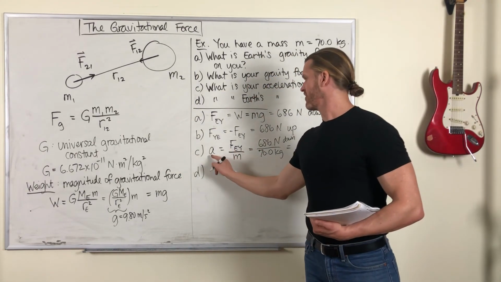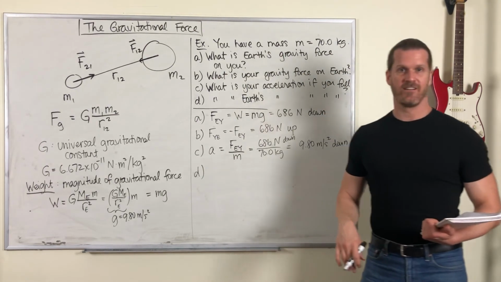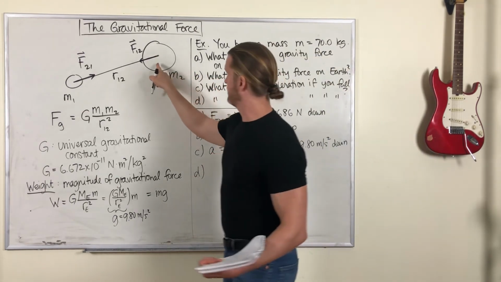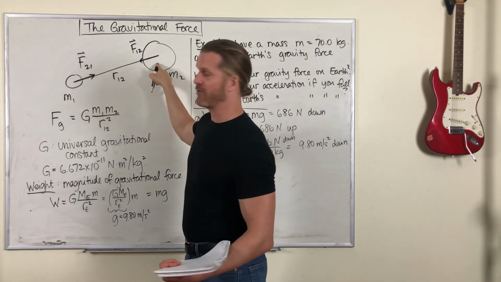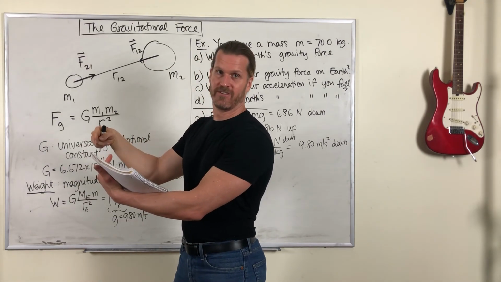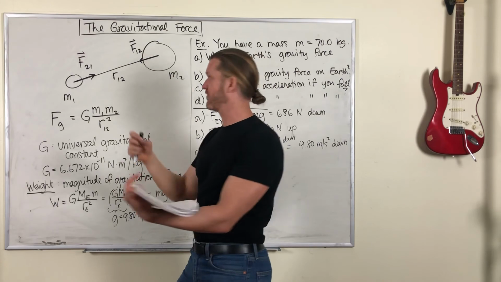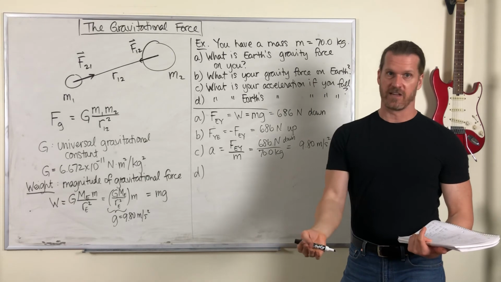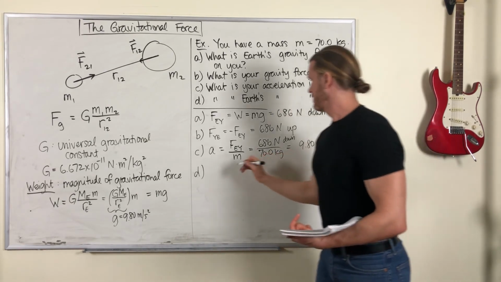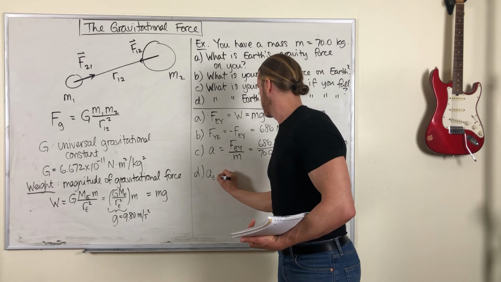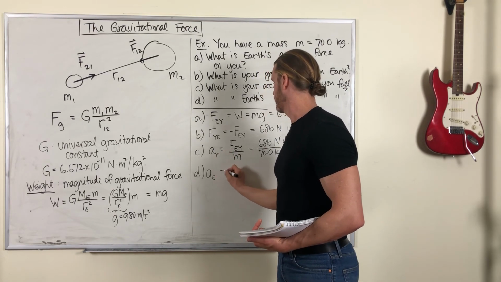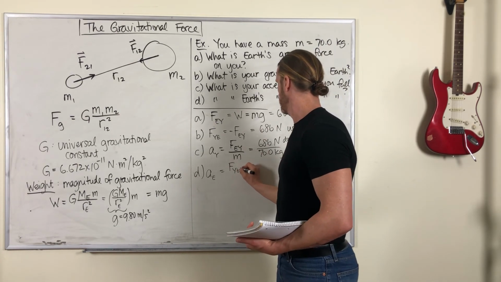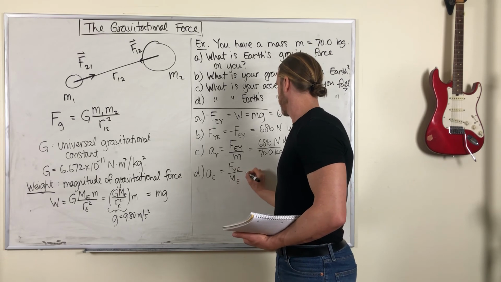So this is your acceleration. But we can do the same thing for the Earth. Because if you think of this being you and that being the Earth, you're both getting pulled toward one another when you fall. Falling is just two objects being attracted via gravity. So we can calculate how the Earth is moving too. The acceleration of the Earth is that force of you on the Earth divided by the mass of the Earth.